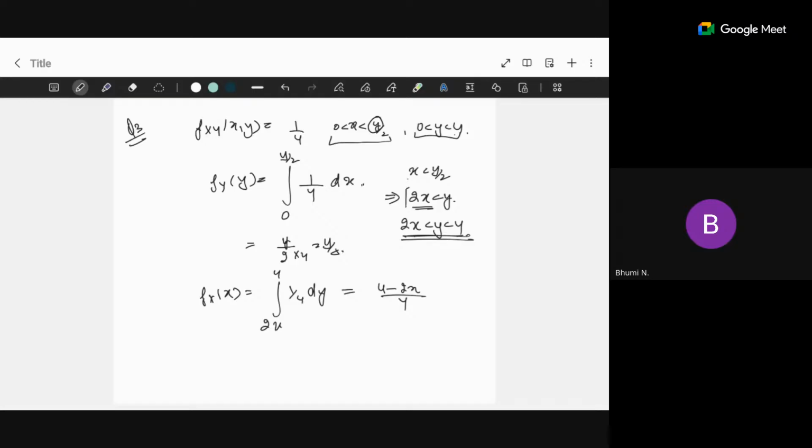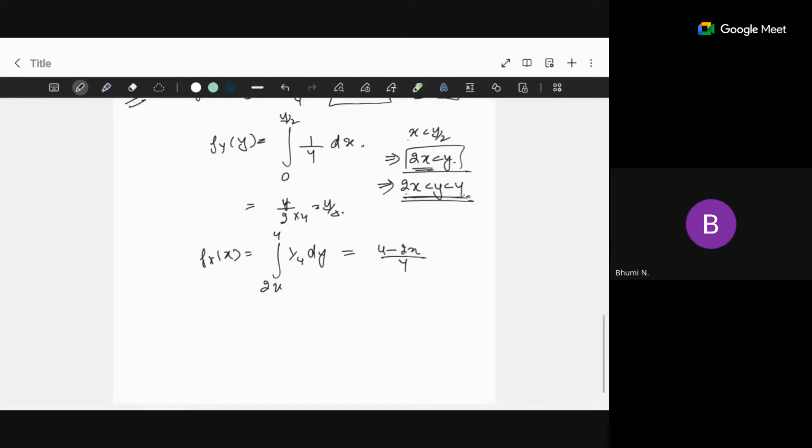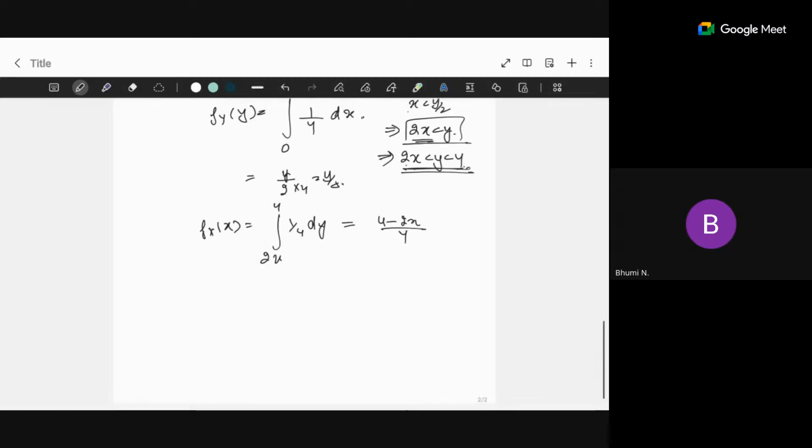So can I say that my y is going from 2x to 4? In place of 0, we have taken 2x. Okay. So this will be 2x to 4, which is 4 minus 2x by 4, which is actually 1 minus x by 2. Yes or no?